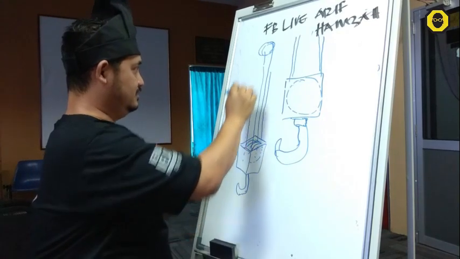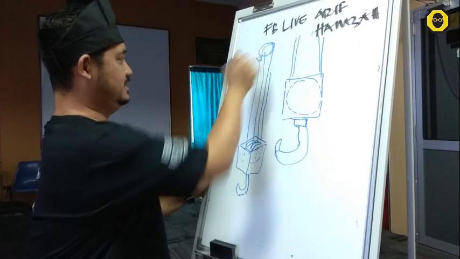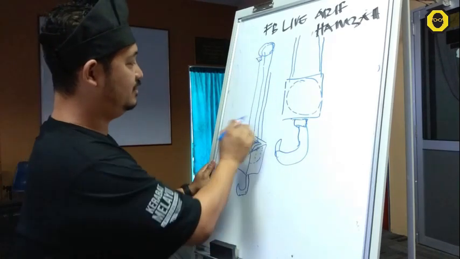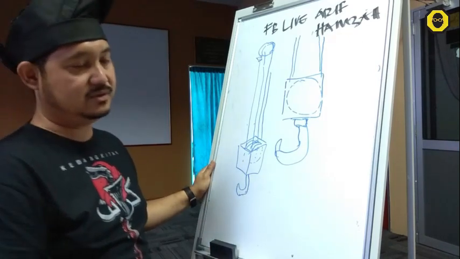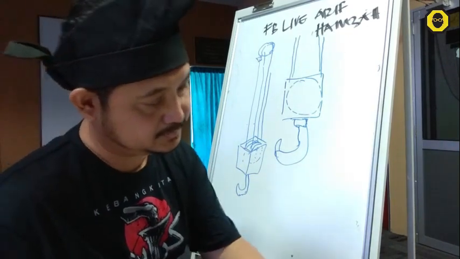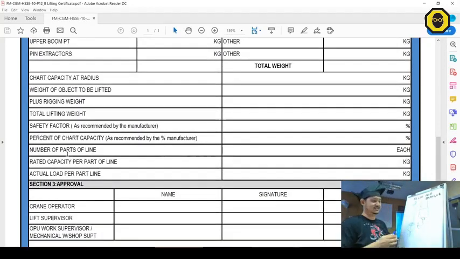This kind of arrangement is very convenient. So how many lines? 1, 2, 3, 4. Four parts of line. What does this number of parts of line mean? How many parts? How many lines?